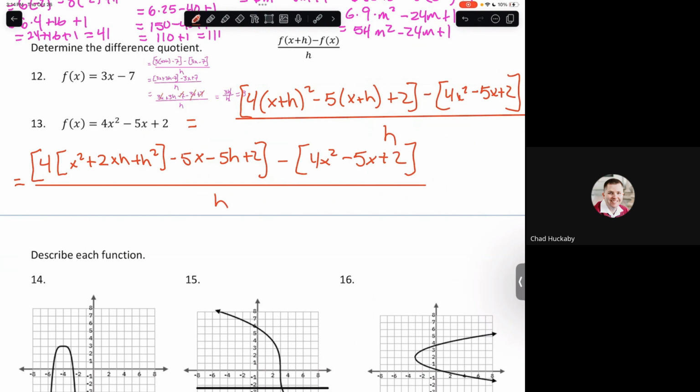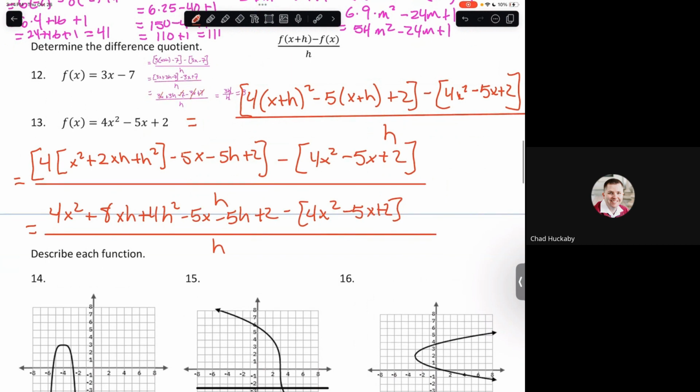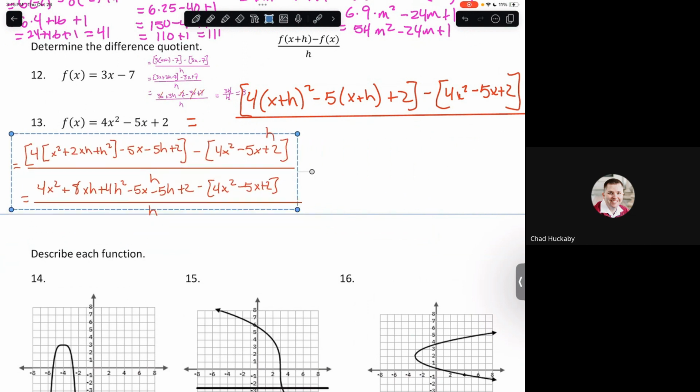So we then can distribute the 4, and we get 4x squared plus 8xh plus 4h squared minus 5x minus 5h plus 2 minus a 4x squared minus 5x plus 2 all over h. And then we can combine all of the like terms.